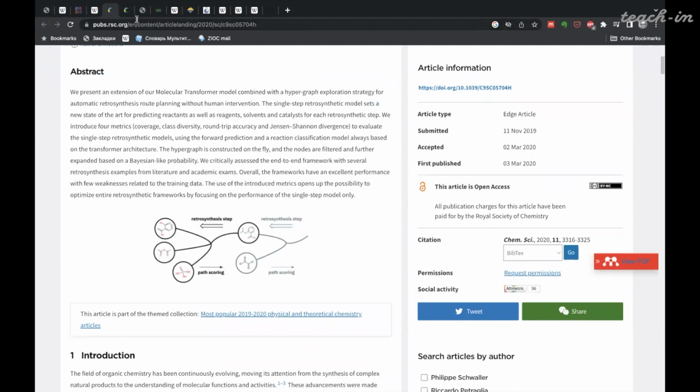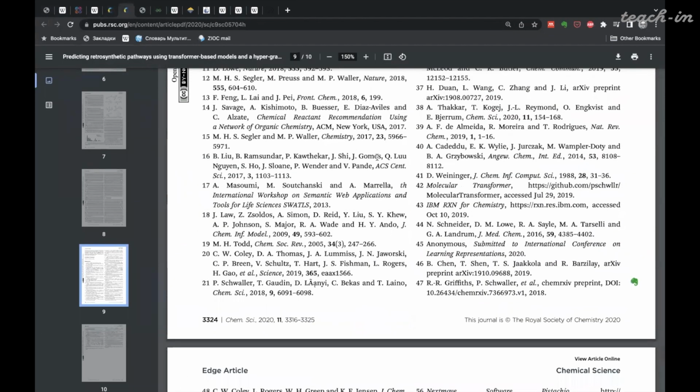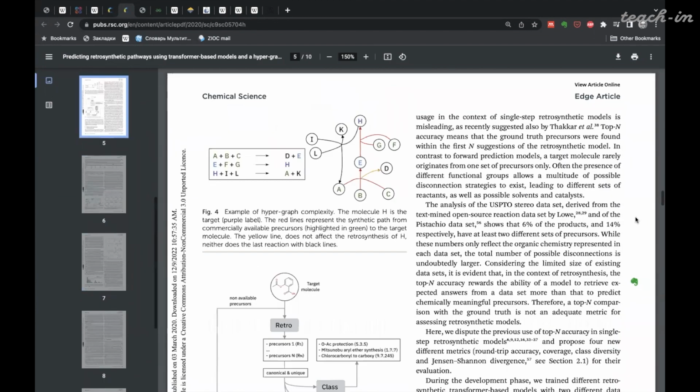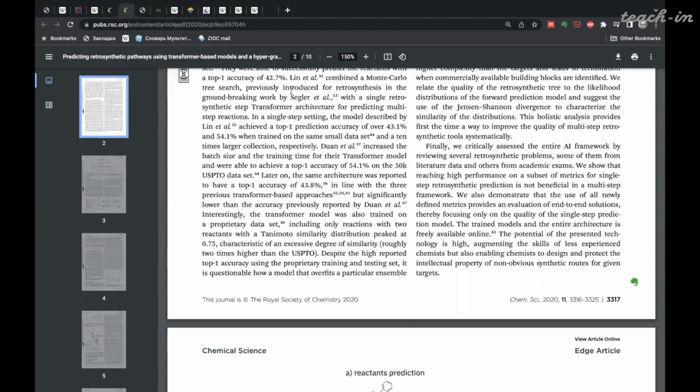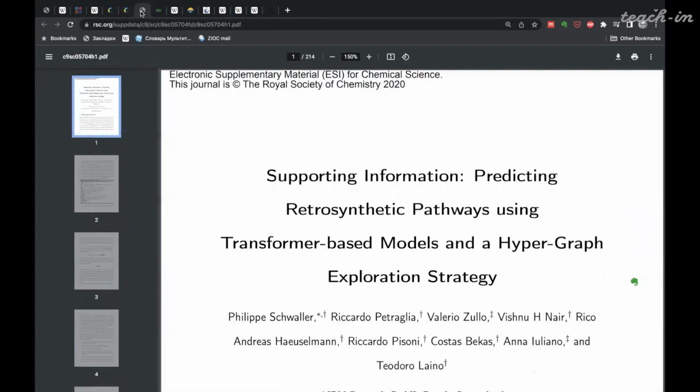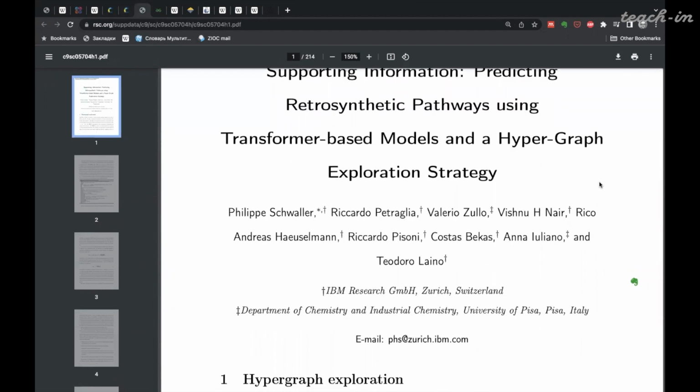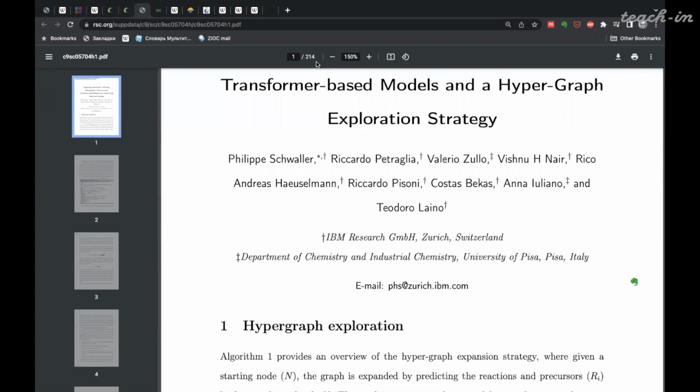So considering this work, it's in fact highly complex, so the authors outsourced technicalities to the supporting information, so you can download it as well. It consists of more than 200 pages.